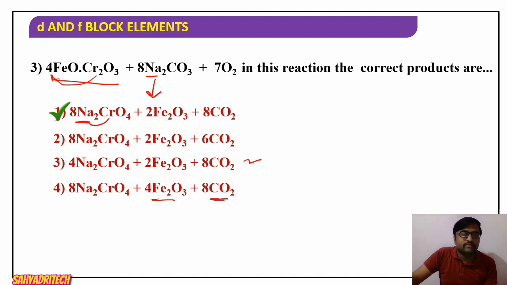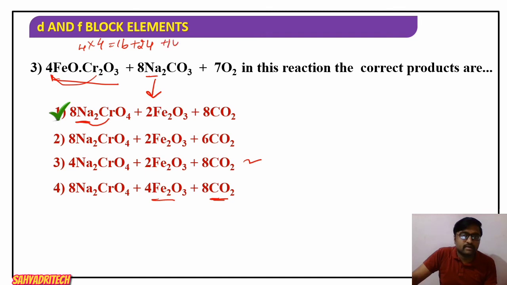Then if you consider oxygen atoms, 7 fours are 28 is for Na2CO3... the reactant side: 4 times (1 plus 3) oxygens, so 16; then 8 threes are 24; plus 2 oxygen atoms, 7 times, 14.